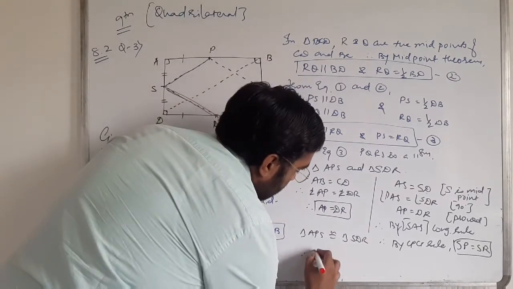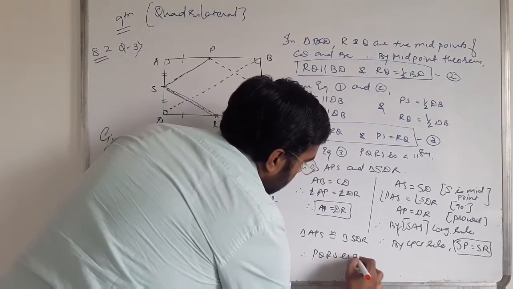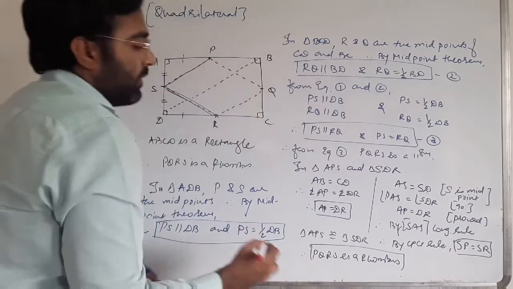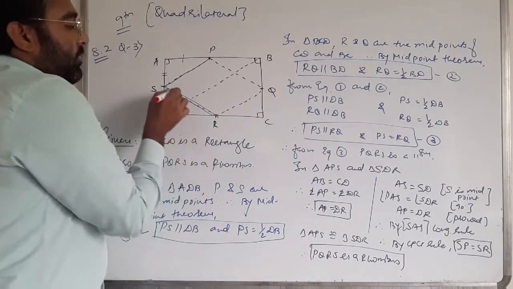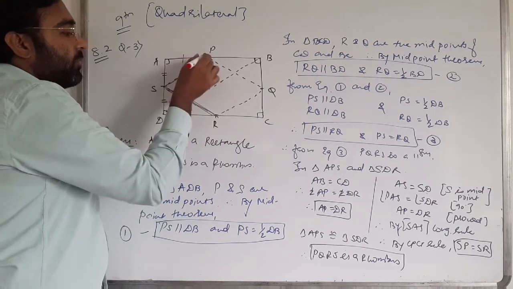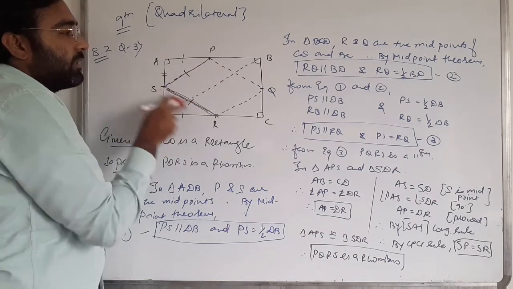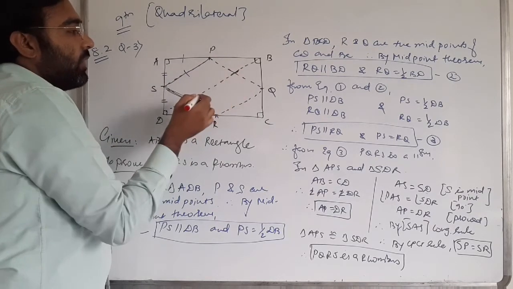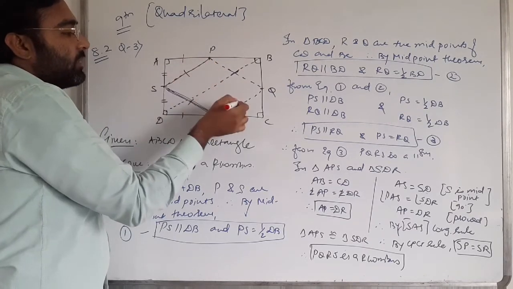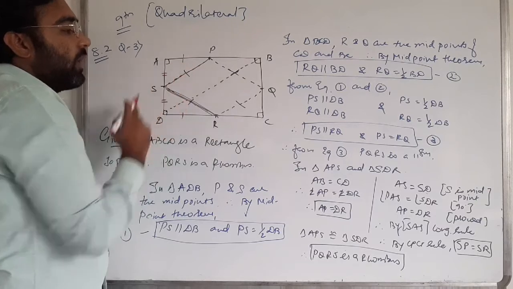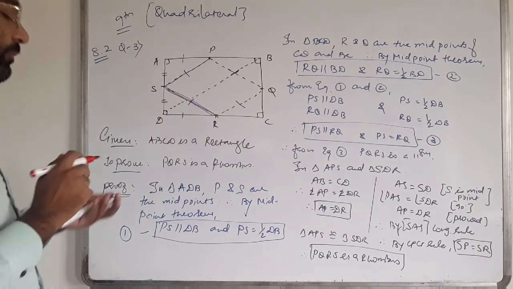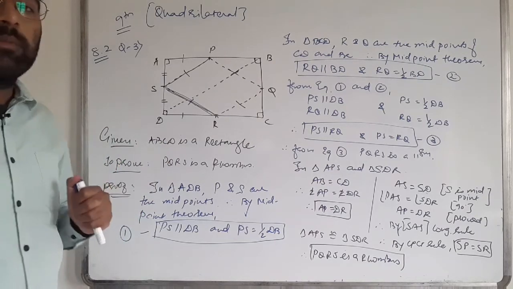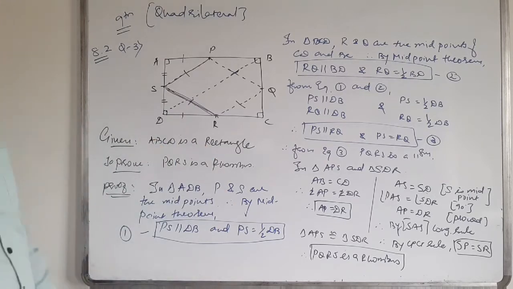Clear? That's why PQRS is a rhombus. Please note this down first.